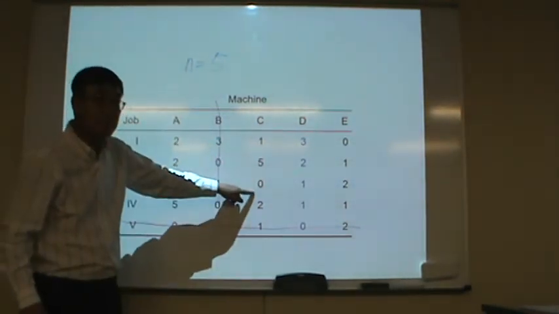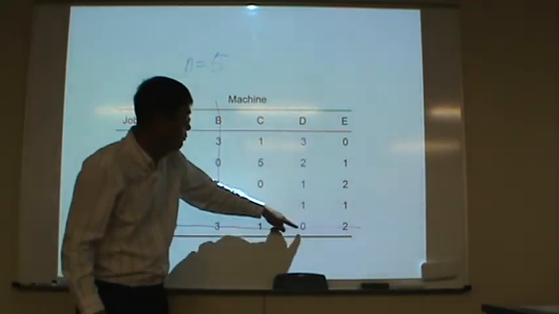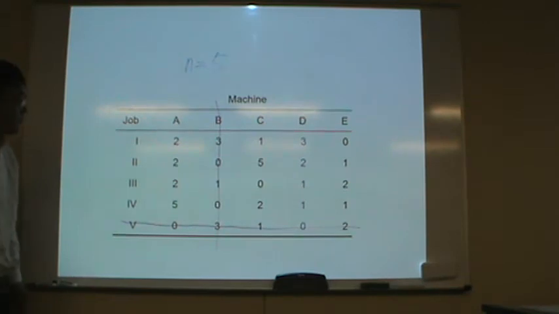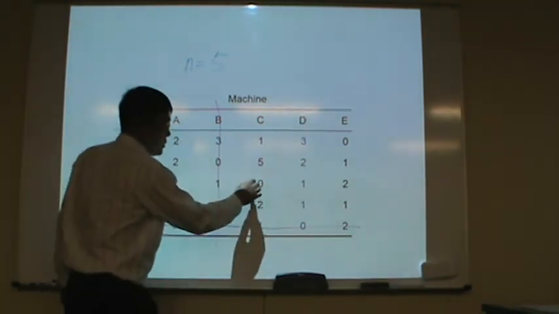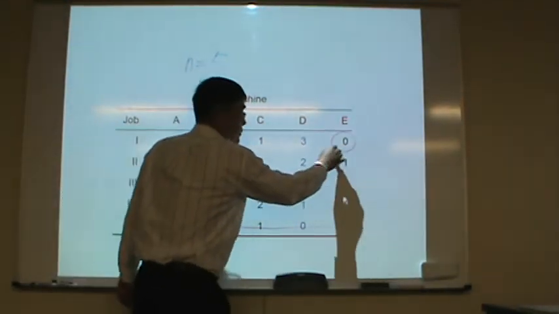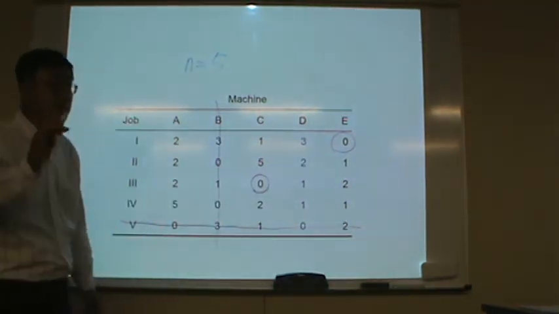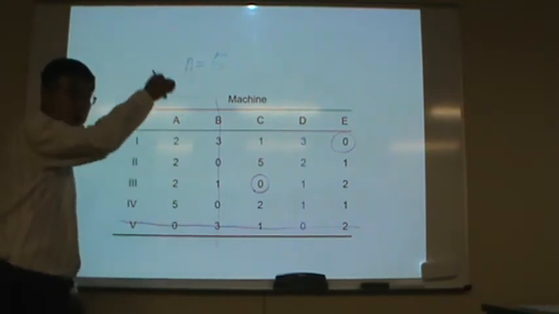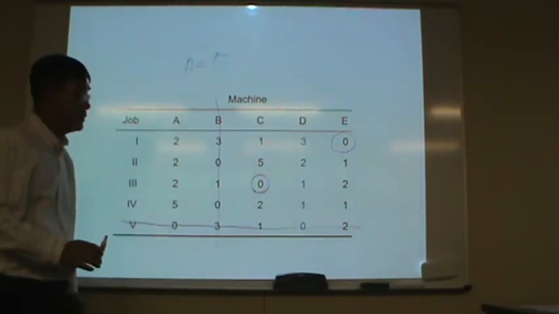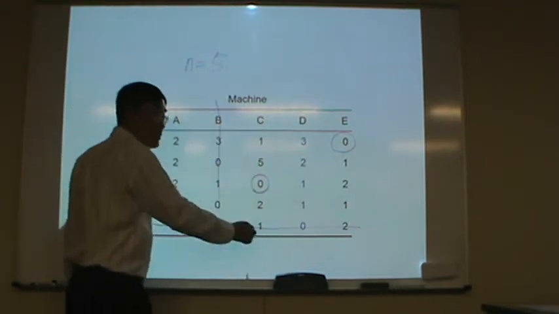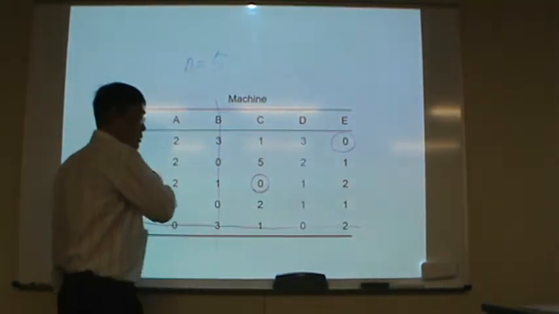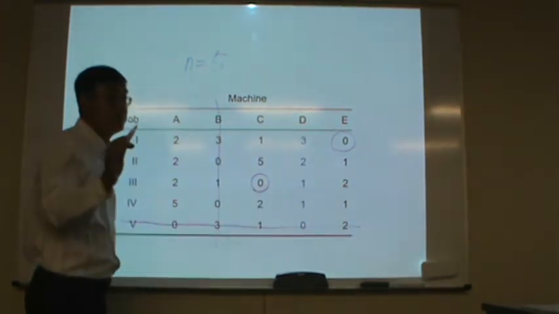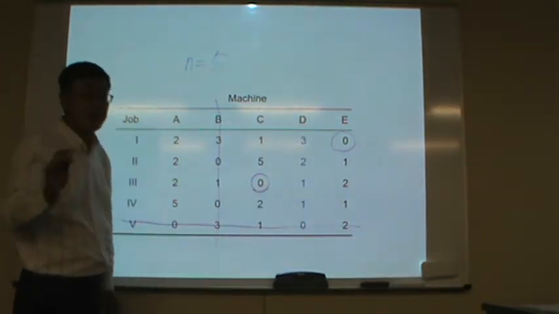How about 1? 1 already, right? Okay, now this one is not covered, this one is not covered, right? It doesn't matter. Using a horizontal line or a vertical line, it doesn't matter. If I use this one, or horizontal to cover 0, it doesn't matter. You know what I mean?